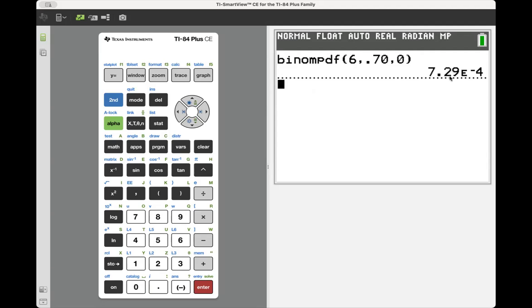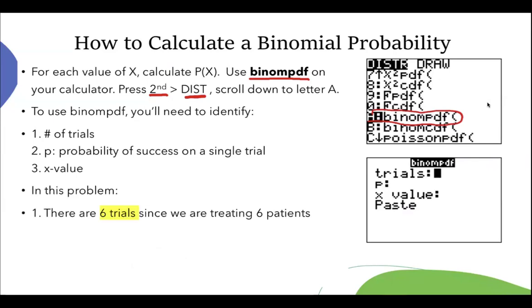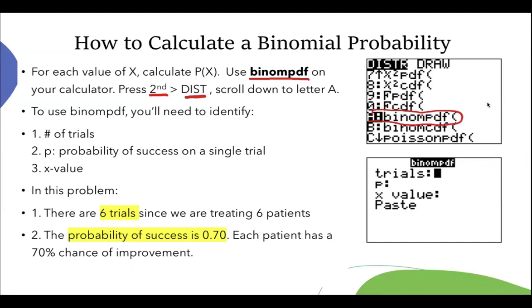This is not the easiest thing to explain while I'm looking at the calculator, so I'm going to have to bring you back to the slideshow for a second. So just give me a moment and I'll pause this. Okay, so we go to our calculator, we put in the number of trials, 6, we put in the probability of success, 0.70, it's always going to be that for this problem, and the x value is going to be the value of x in each row.